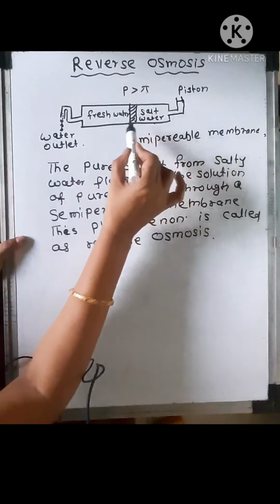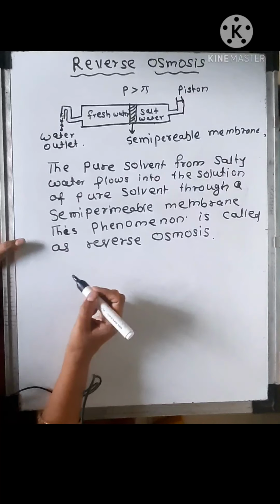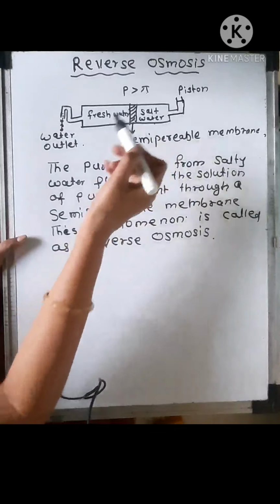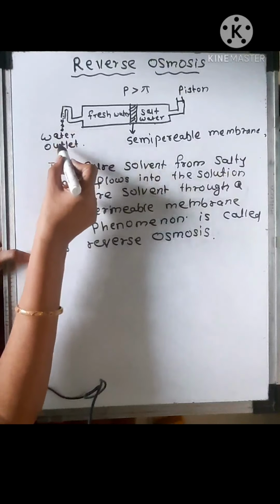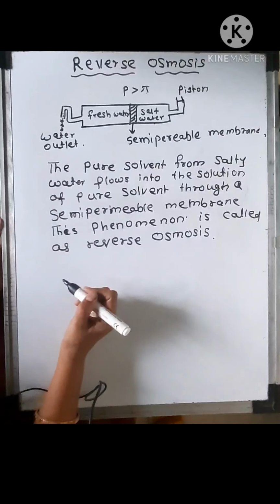So this process is called reverse osmosis, and from salty water we can obtain pure water by reverse osmosis. Is it clear?